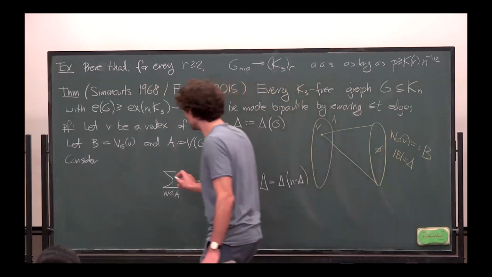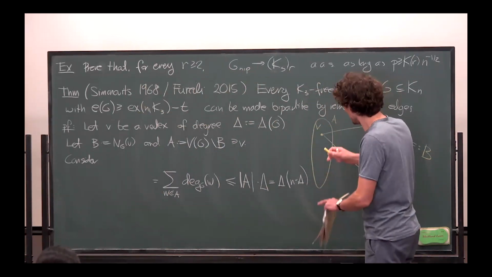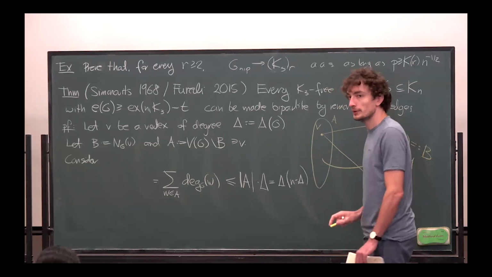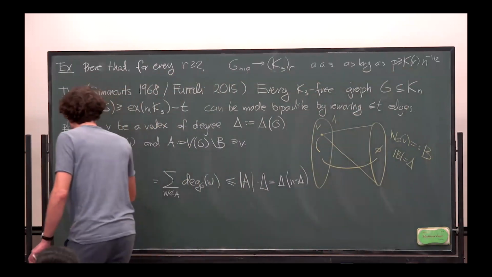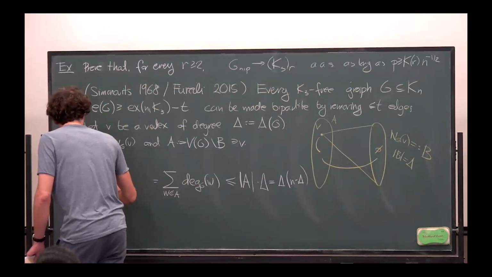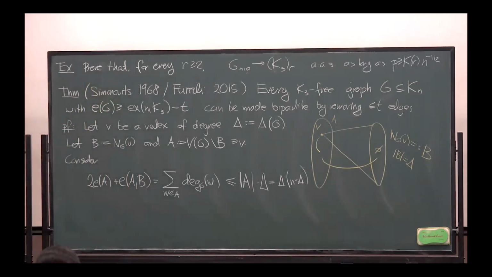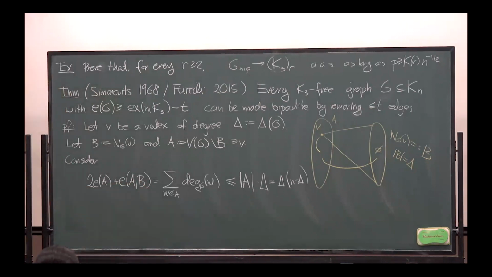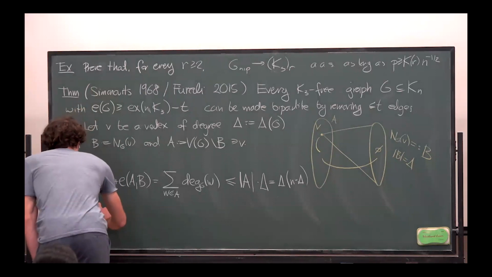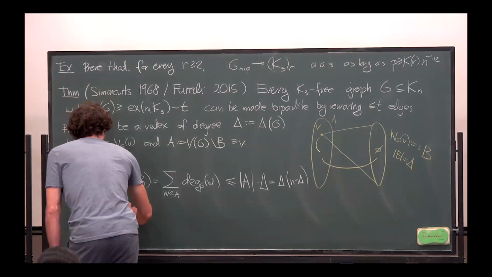On the other hand, when we sum the degrees in A, we see every edge between A and B once, and every edge inside A twice. So this is equal to twice the number of edges in A plus the number of edges between A and B. But we already noticed that there are no edges in B, so once e(A) plus once e(A,B) is already all the edges of G. So this is equal to the edges of G plus the edges of A.